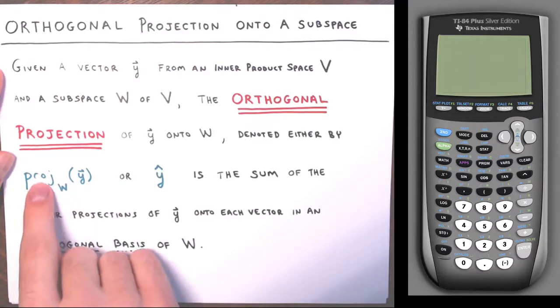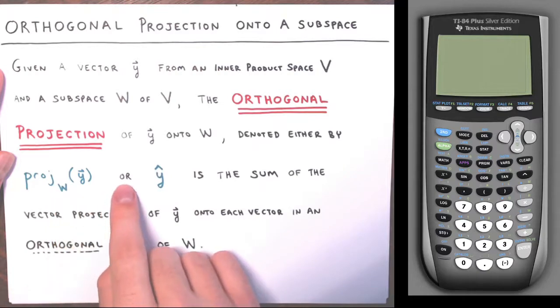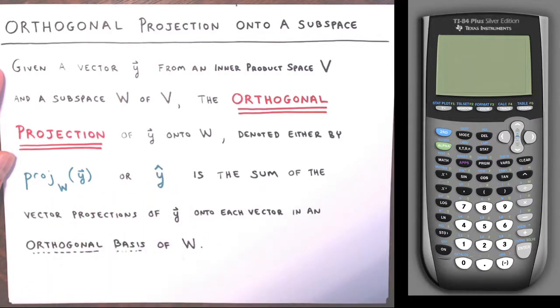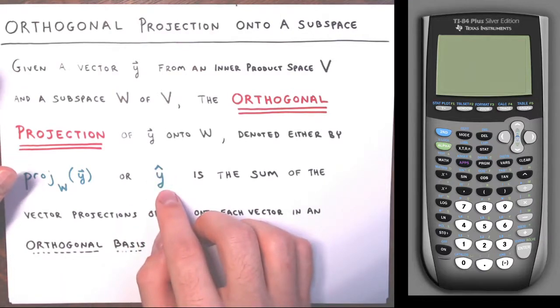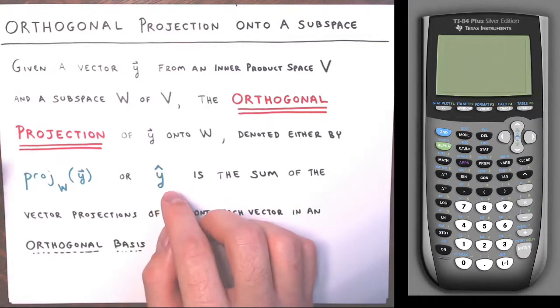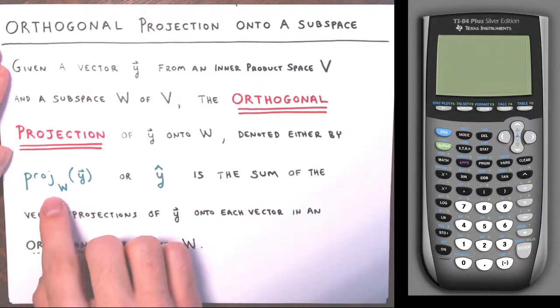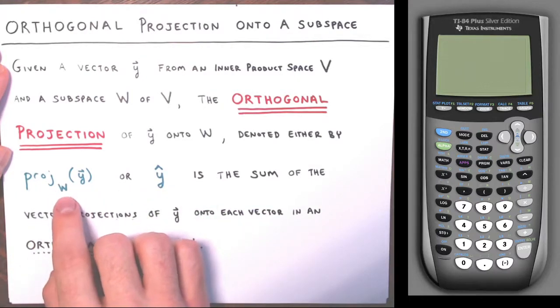It's the projection of Y onto W. Very often, though, this is shortened in some books as just Y hat. Now, again, you're going to have to understand what this means depending on what kind of textbook you're in. Y hat means something different in a linear algebra book than it does in a statistics book, for instance. So just be careful. But it's the projection of Y onto W.